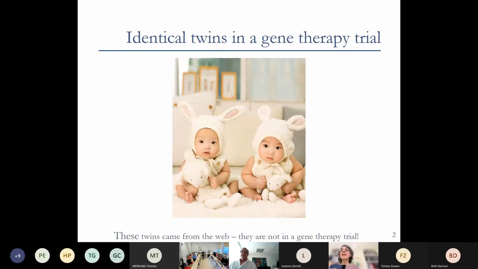He will just be getting the treatment that his twin got. And I realized that this kind of thing can happen frequently. It's not usual that you get identical twins, but siblings or people that are very similar in other ways can happen in clinical trials.